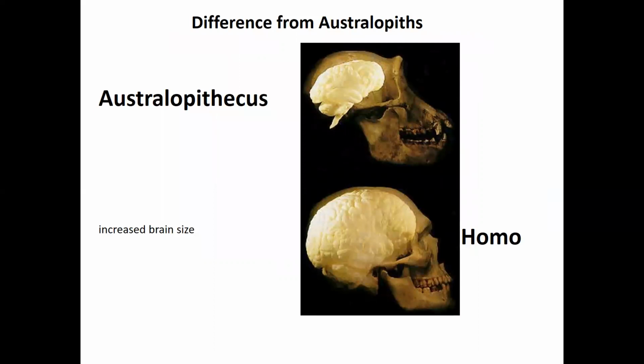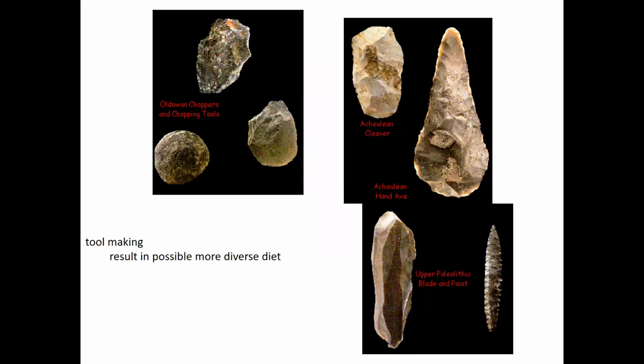The differences in Homo from Australopithecus: one of them is increased brain size. We have less of a sloping face, a less prominent brow ridge, and smaller teeth. And also tool making. The tool making is specific to the Homo genus as far as the hominids go.